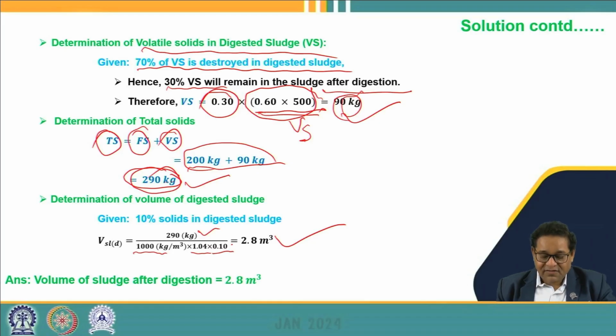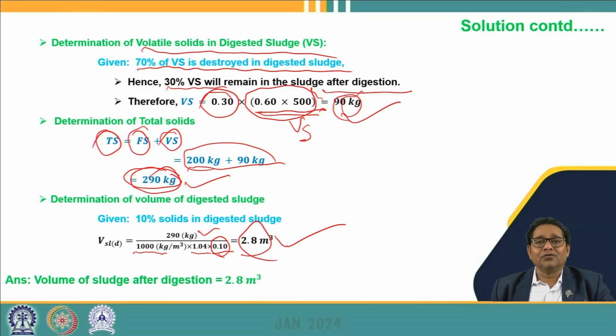After the digestion, the percentage of solids is increased from 4 to 10%, so this is 0.10. After putting in this value, we get the total volume of the sludge after digestion, which is reduced, equal to 2.8 meter cube.